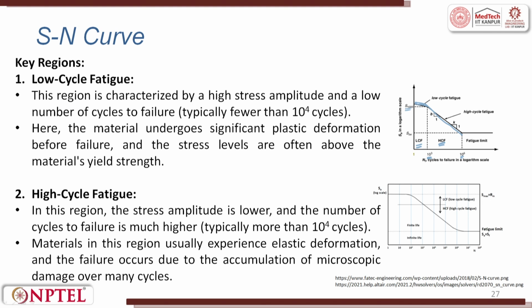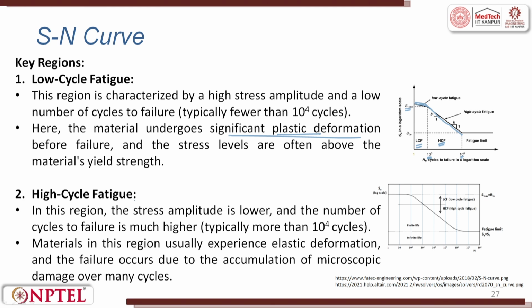Low cycle fatigue is characterized by a high stress amplitude and a low number of cycles, typically up to 10 to the power 4. Here, the material undergoes significant plastic deformation before failure. The stress levels are often above the material yield strength.